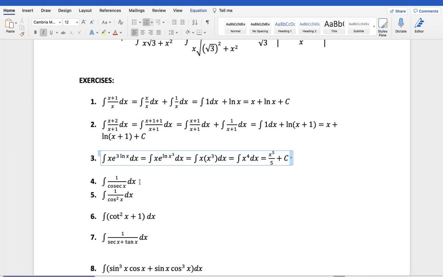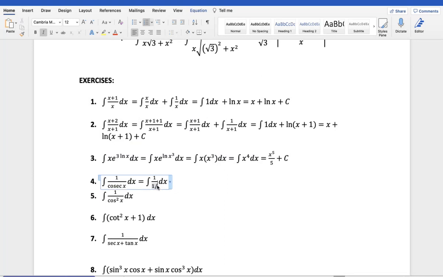Moving on to the next example, we have the integral of 1 over cosec of x. Again, we can try to simplify this further. We know that cosec is just 1 over sine.